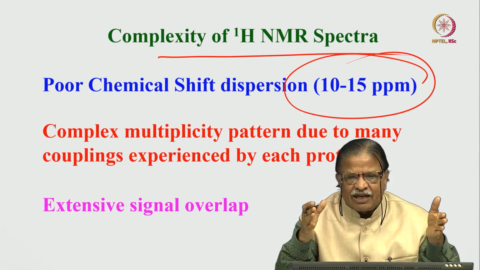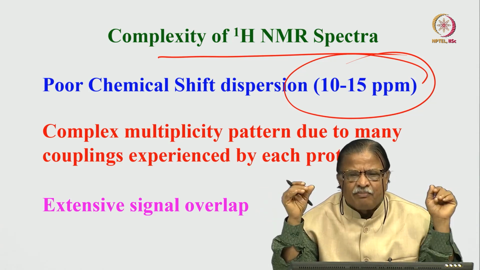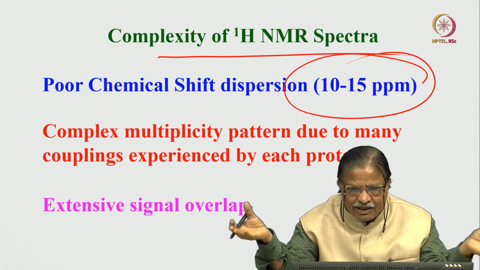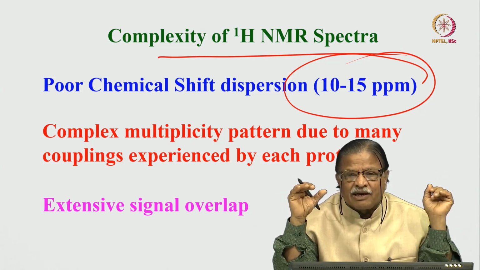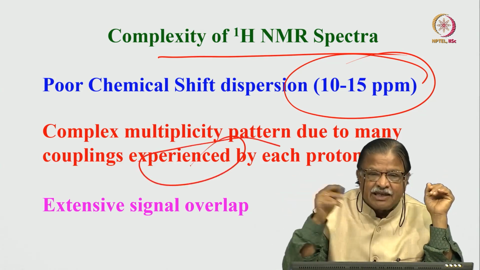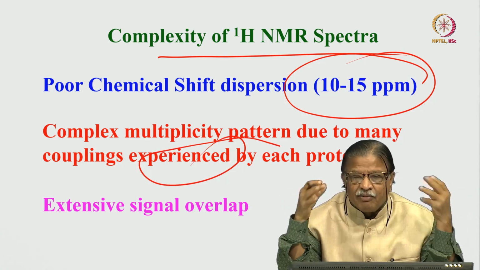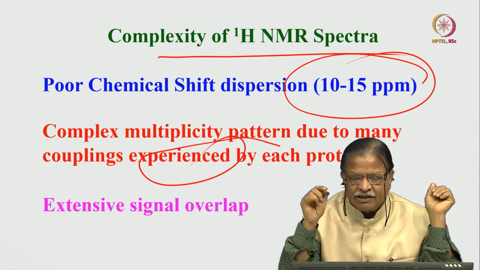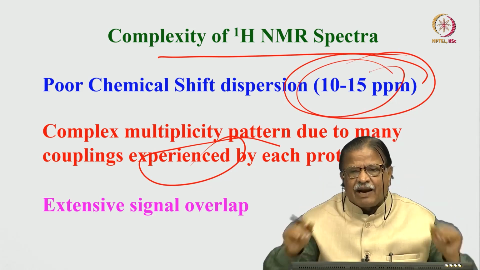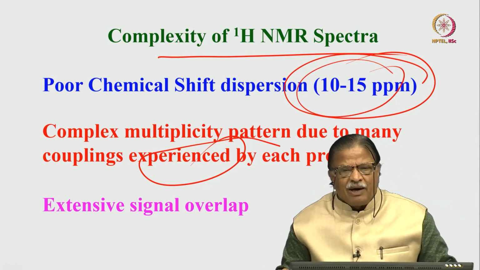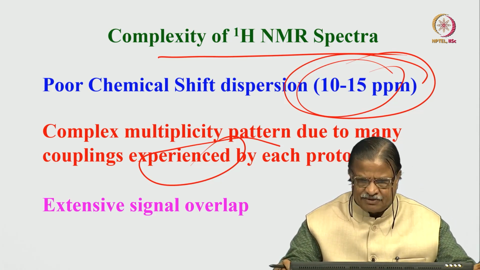In a 5000 hertz range, if you take a reasonably big molecule with at least 10 to 20 or 30 different protons, each of them interacting with other protons, there will be a lot of complexity because of multiple couplings experienced by each proton. The multiplicity becomes bigger, with more and more couplings. Also, because of this poor chemical dispersion, there is extensive signal overlap, and it will be very difficult to identify the chemical shifts.